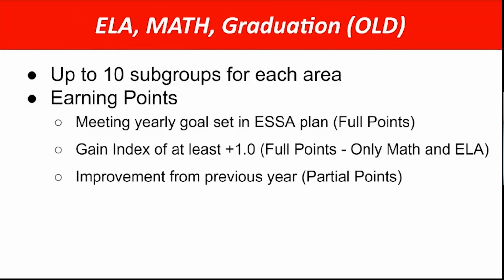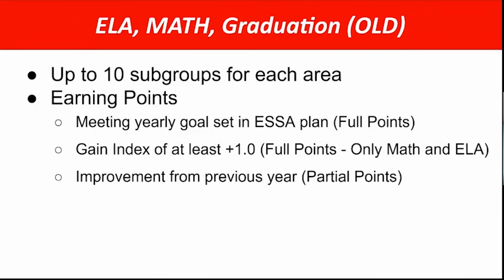So the way that those were graded is you could have up to 10 subgroups, and each subgroup could earn up to 100 points. And with that, the way that you earn points is a subgroup could automatically earn the full 100 points by meeting the goal that was set in ESSA for that year. And those goals gradually increase each year.